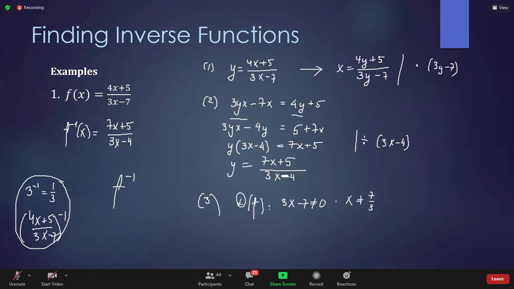And for the inverse function, the domain of the inverse function will be 3x minus 4 cannot be equal to 0, so x cannot be equal to 4 over 3.